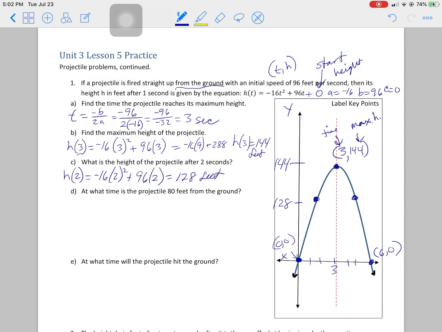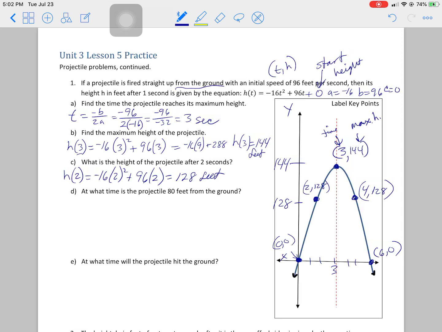That means at 4 seconds, so this would be 2, 128. So at 4 seconds, it'd be coming back. It would have reached its height and it's coming back down. So this is 2 times this projectile will be at 128 feet. Okay, and then it'll come back down at 6 seconds back down to the ground.